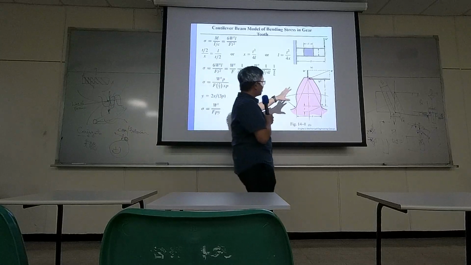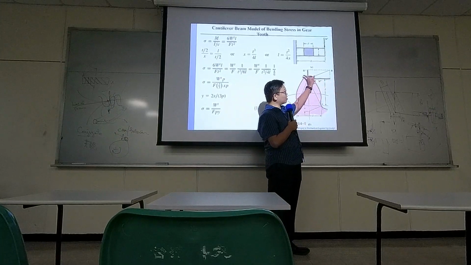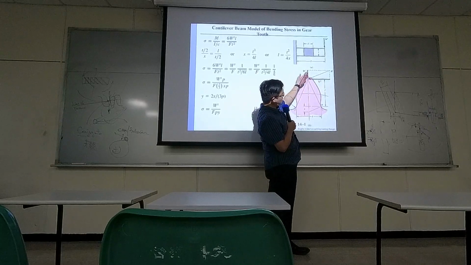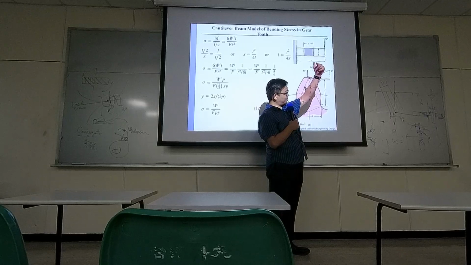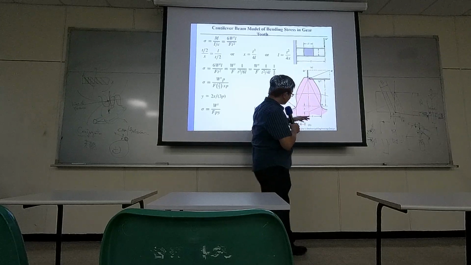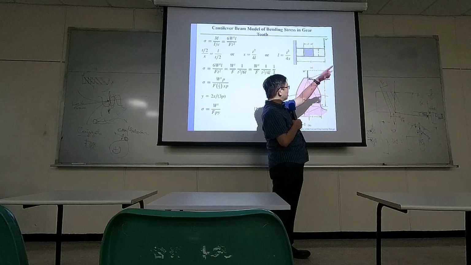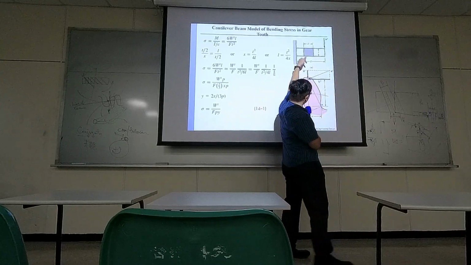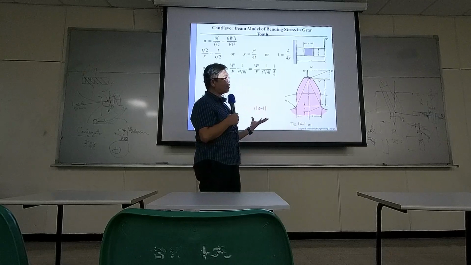So for the tooth, there will be forces, like I said, transversely, vertically, and of course, this is the axial direction. This is the transverse direction. This is like a radial direction. You have forces along three different directions.